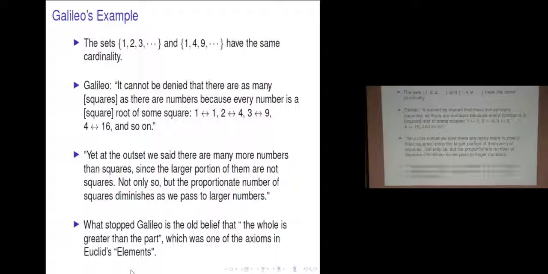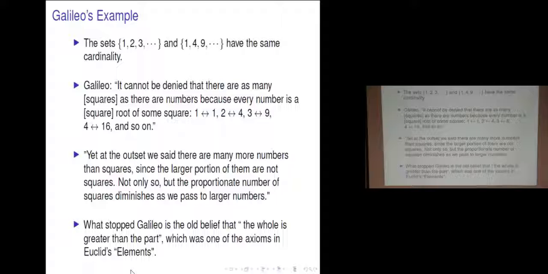So this is the observation which puzzled Galileo. What stopped Galileo is the old belief, or the principle, that the whole is greater than the part. This principle is one of the axioms in Euclid's Elements of Geometry. When you study geometry, very often you look at angles, right?